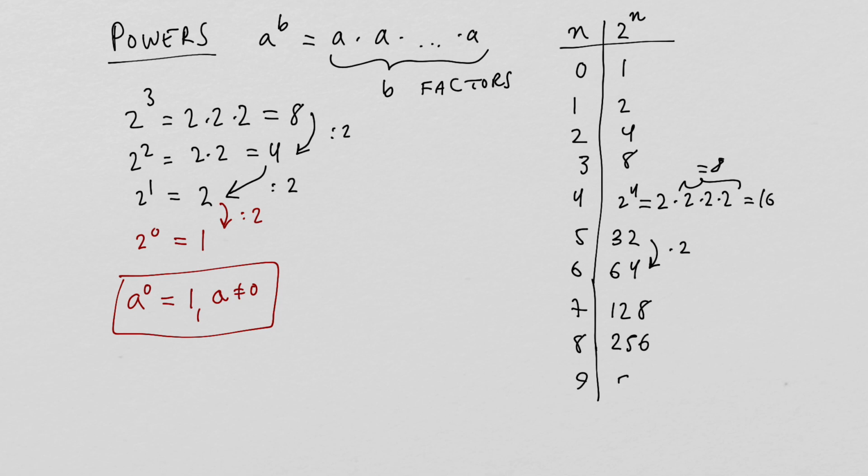Multiplying by 2 we get 512. And 2 to power 10 is 1024. About 1000. This number is important if you are talking about binary numbers like megabytes and kilobytes and converting them into each other.